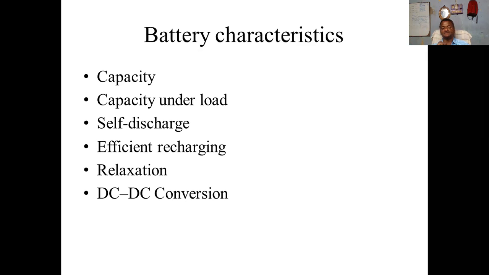Next is the DC-DC conversion. What is the DC-DC conversion? Suppose the battery energy is high, then you are working very efficiently.